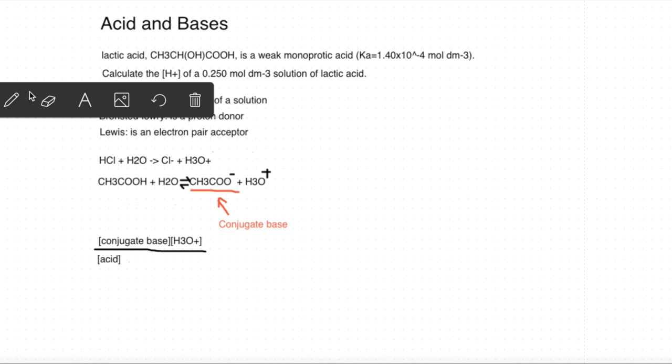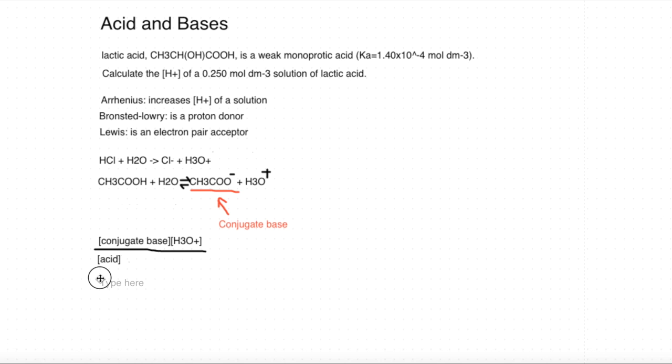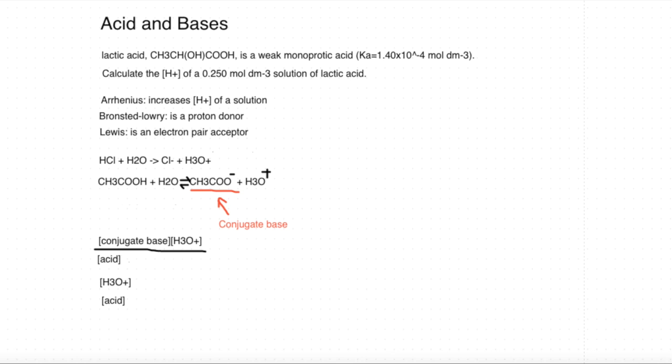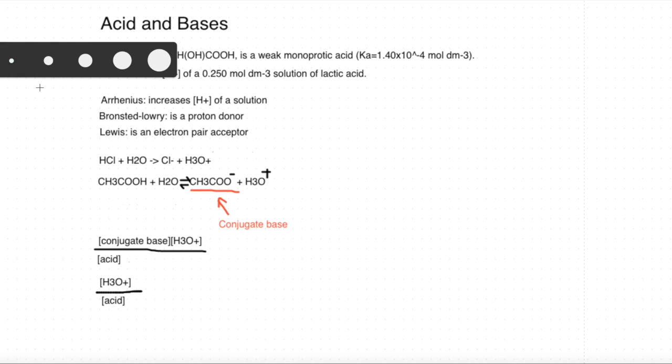And therefore we are able to write this in a new way as the concentration of H3O plus squared over the concentration of the acid. Oops, forgot to add the square sign.